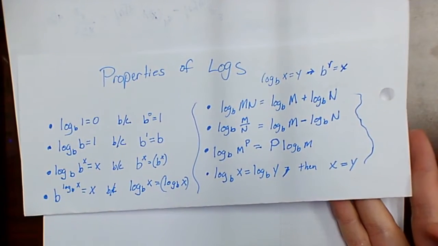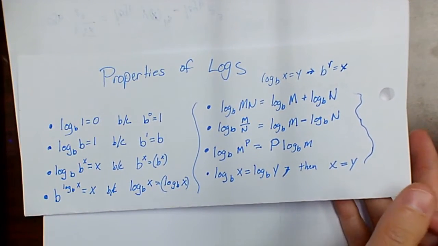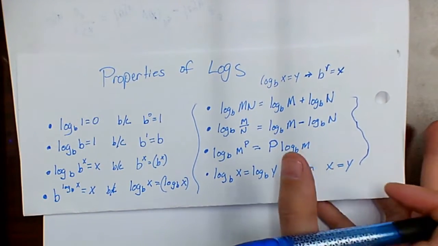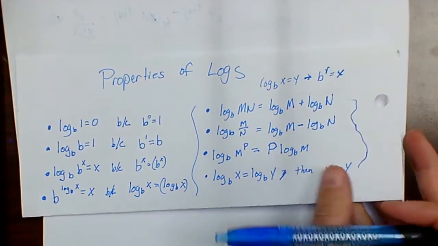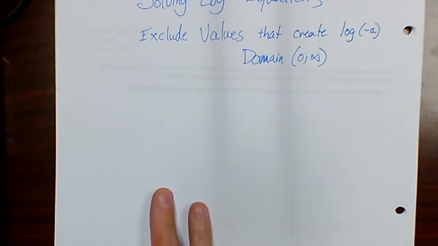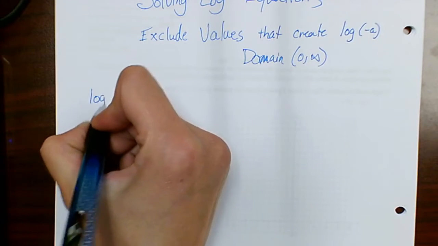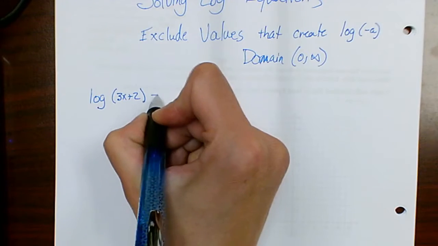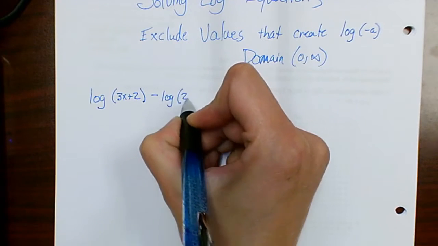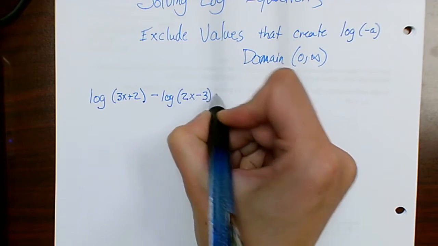So here are the properties of logs again, and it's going to feel random which ones to use. The first one: log of 3x plus 2 minus log of 2x minus 3 equals 0.